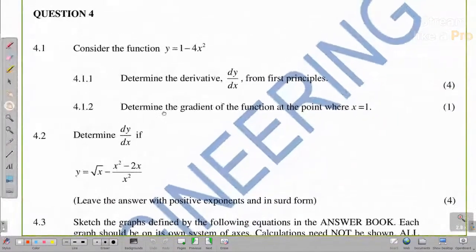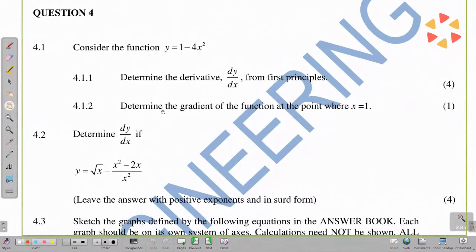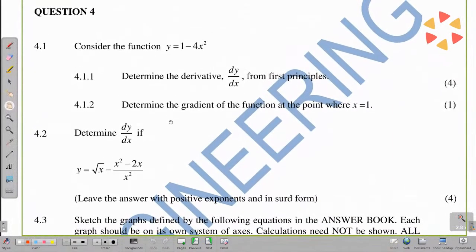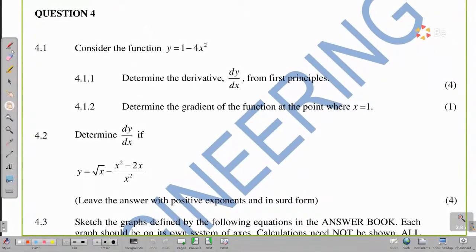This is question number 4 that I want to focus on, and it's only the algebra part of it, which is from 4.1. I'll be looking at 4.1 just for a short time, 4.1.1, 4.1.2, as well as 4.2. So as I said, this is the topic on calculus.